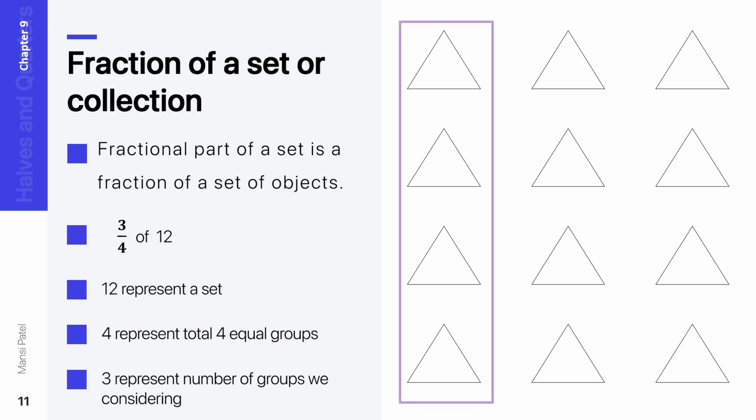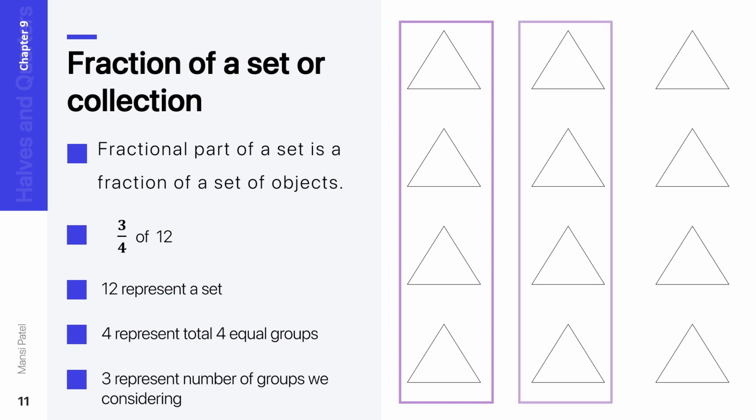So see here, this is the first group. In the first group, how many triangles are there? There are 4 triangles. In the second group, 4 triangles.